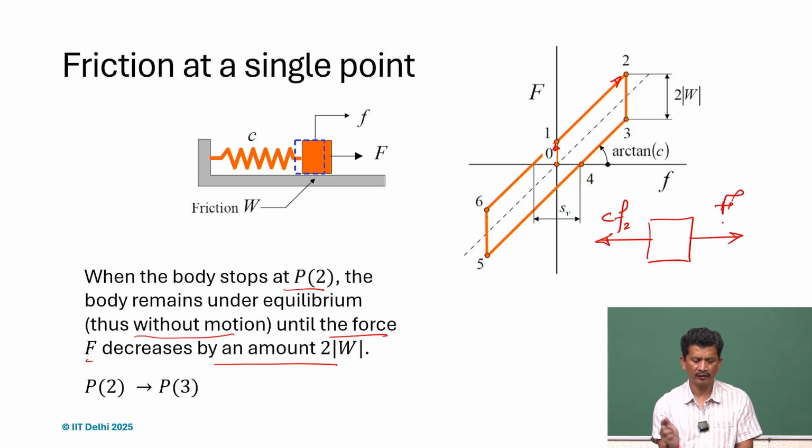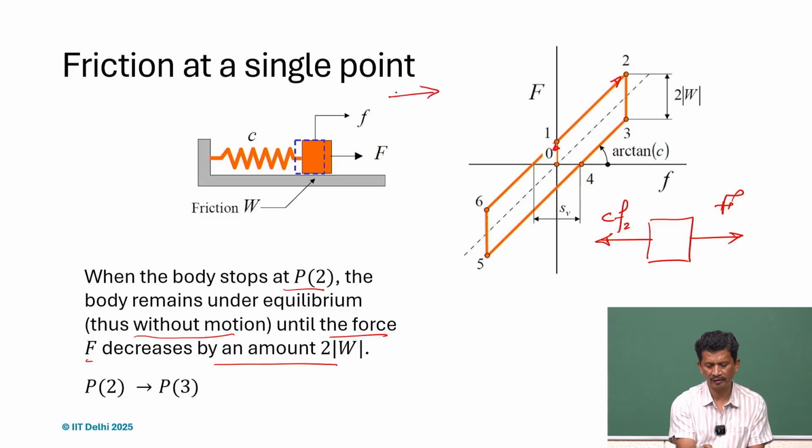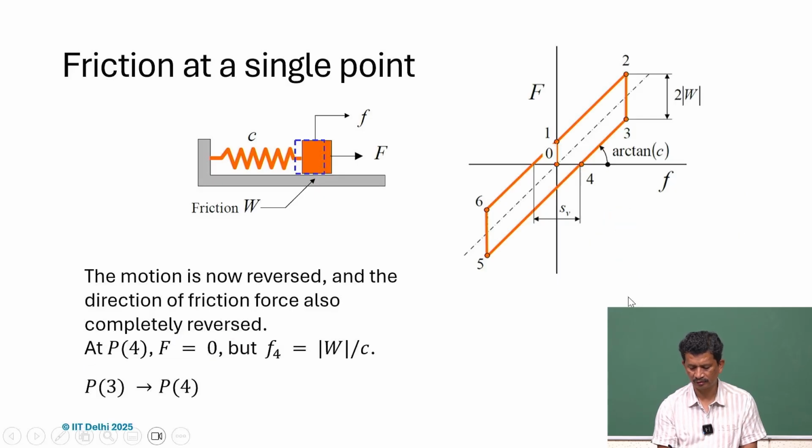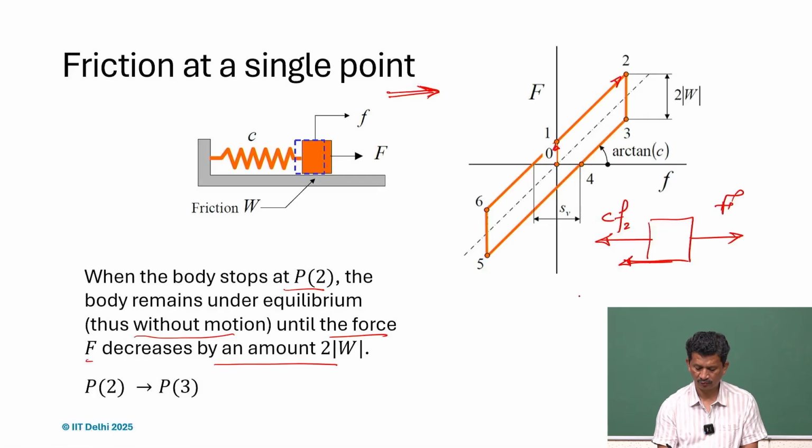Initially when we are moving towards the right, the friction force was along this direction. This was W, friction force. But the moment we stop and try to reverse, this will readjust.